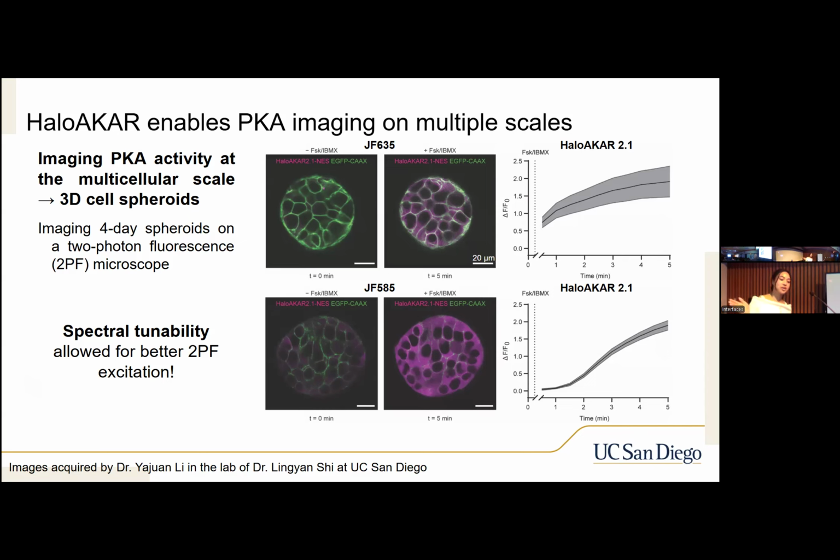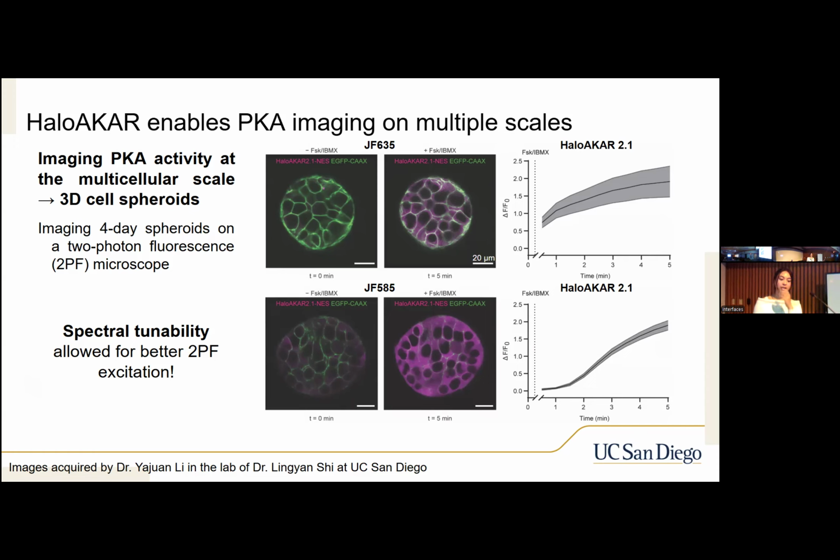This can be very useful for multi-photon imaging experiments, especially when imaging on different microscopes. I know a lot of the labs that I've seen imaging tissues with multi-photon microscopy already have red and green channels set up. And so this shows that these chemogenetic sensors can be accessible for labs that have those channels set up.